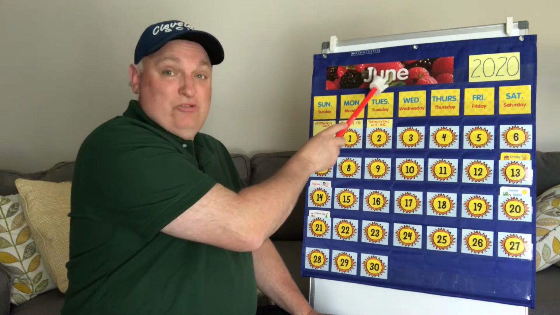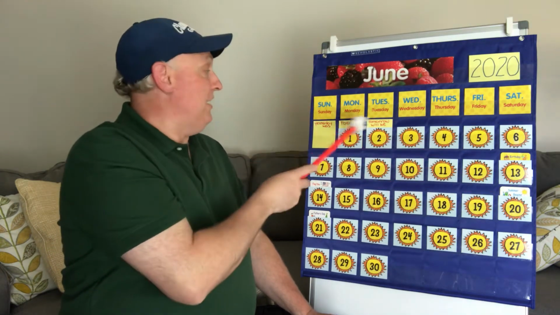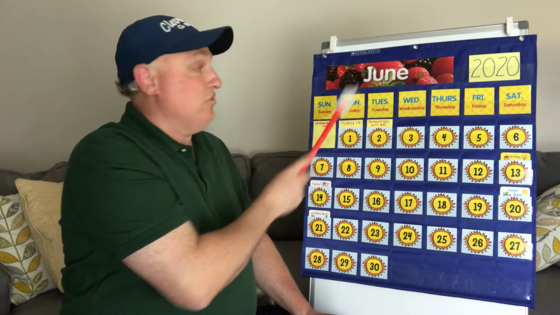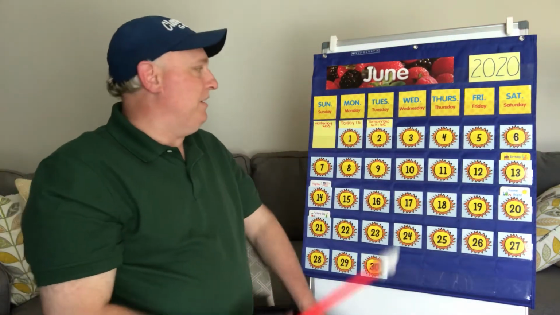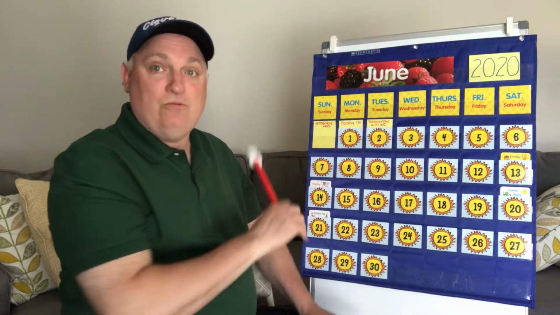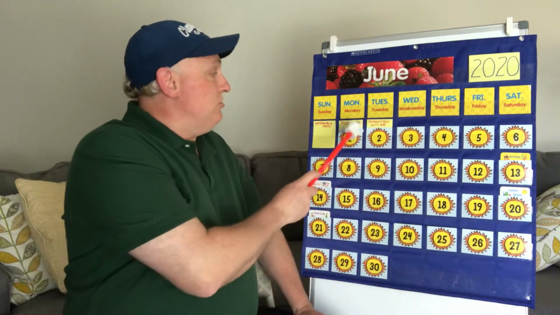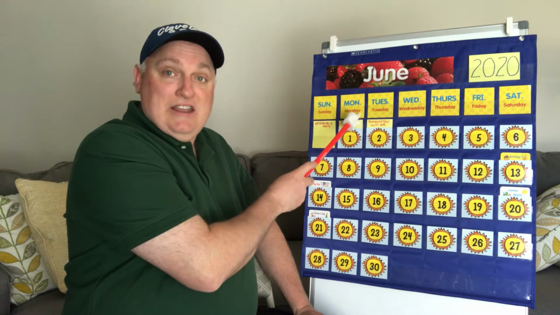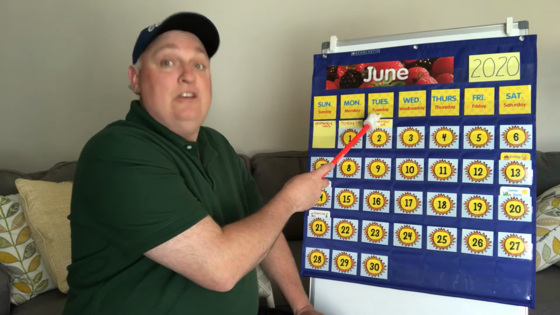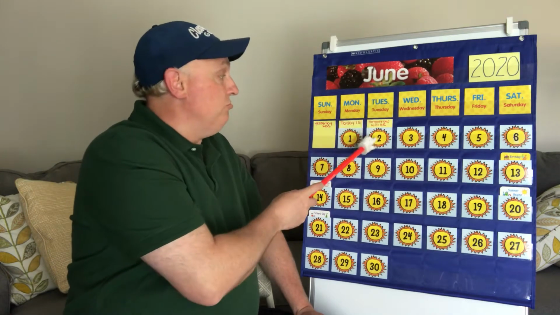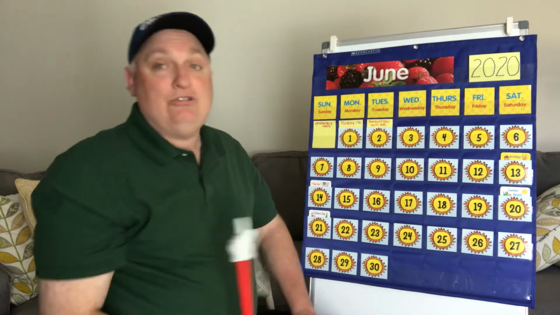Now this says June, but it was May yesterday, May 31st, 2020. It's harder for you because it's not up there. But tomorrow all these will shift and we'll be all into June. So if yesterday was Sunday and today is Monday, tomorrow will be Tuesday, June 2nd, 2020.